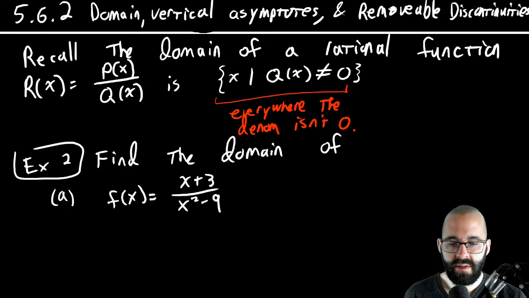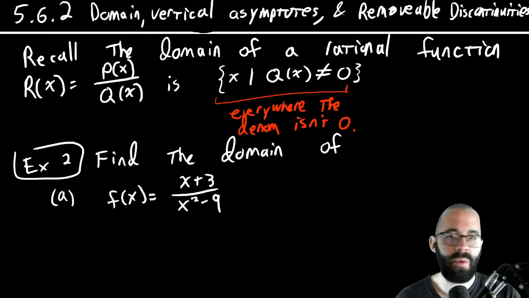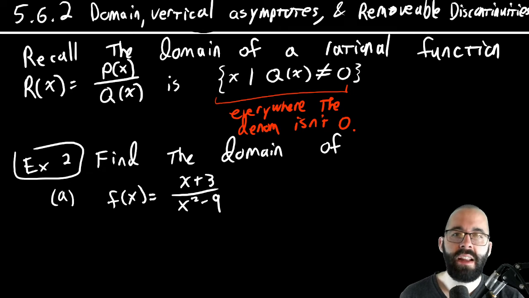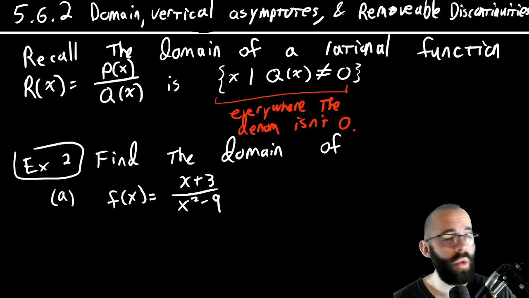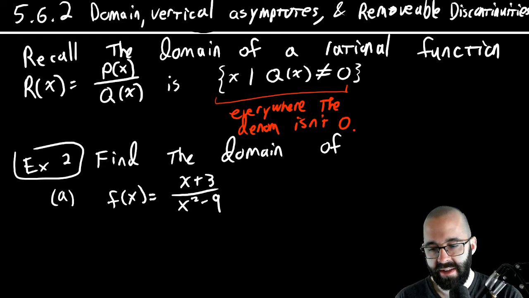So notice, to find the domain, it literally doesn't matter what the top is. P of x doesn't matter. The numerator doesn't matter. The only thing that matters is saying, when is the denominator equal to 0? We can't plug those values in. So let's find when the bottom is 0. Let's find when that denominator is equal to 0. And our domain is going to be everything except for that.